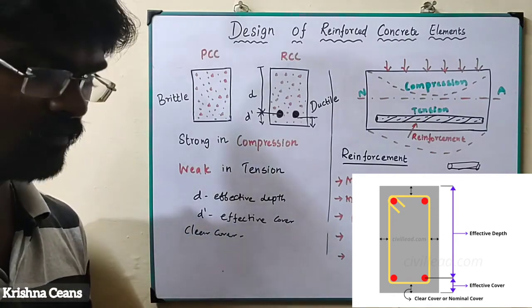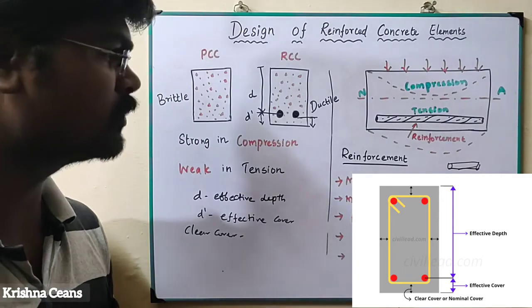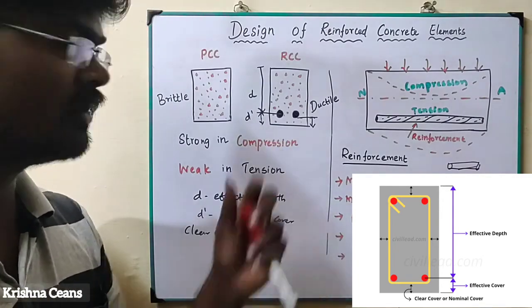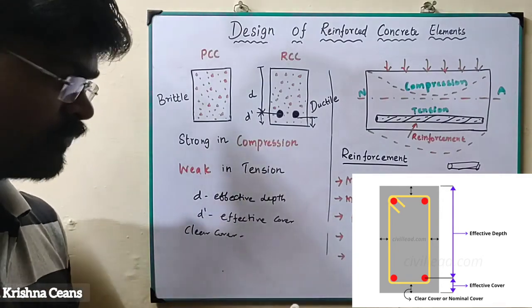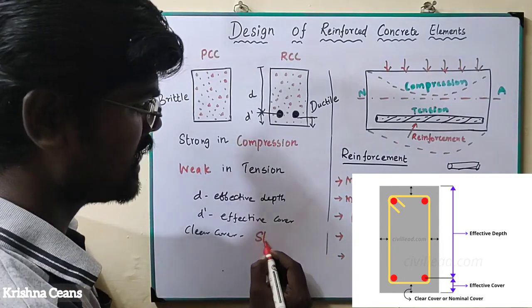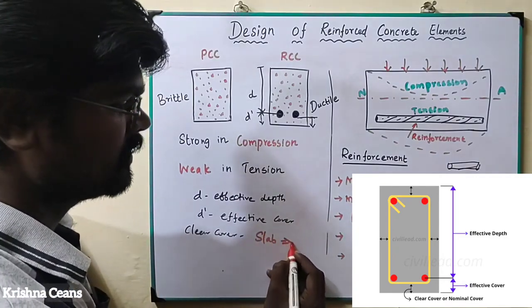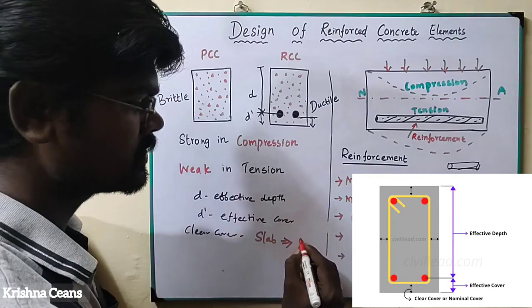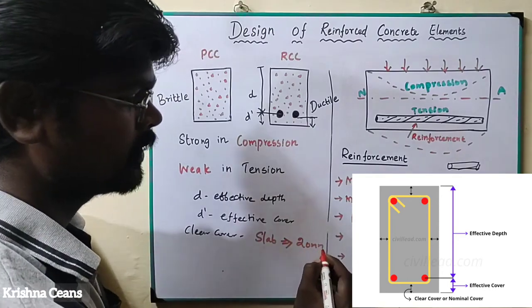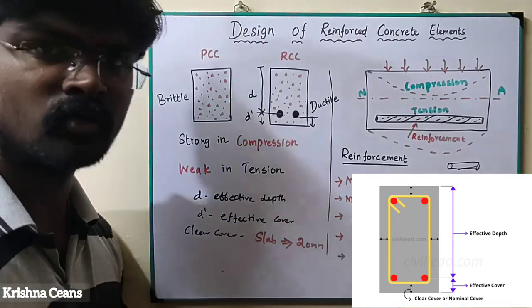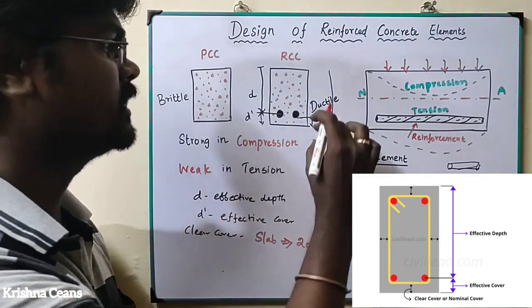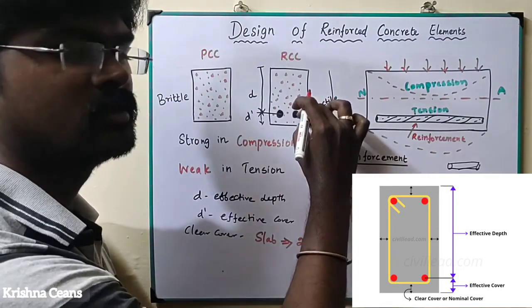So what value we have to provide for the clear cover of the different elements? For the slab, the clear cover we have to mention is 20 mm. A minimum of 20 mm has to be provided for clear cover, that is this distance. This is the clear cover.